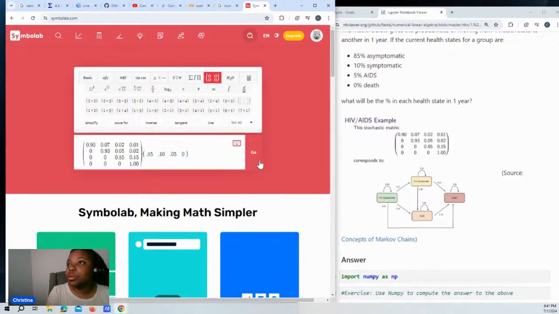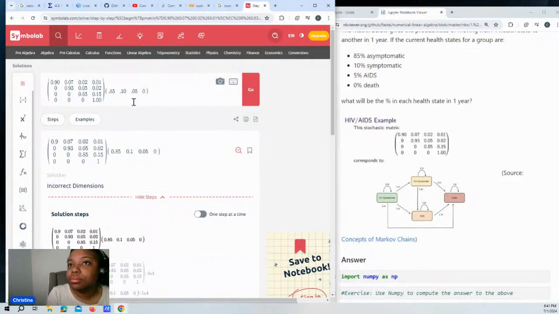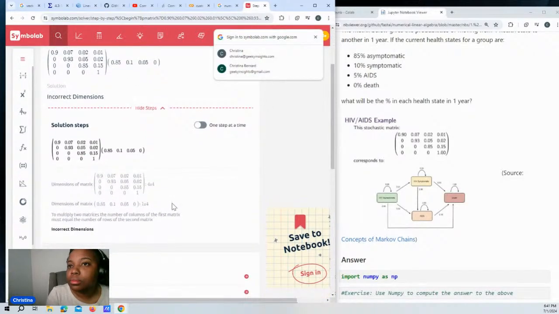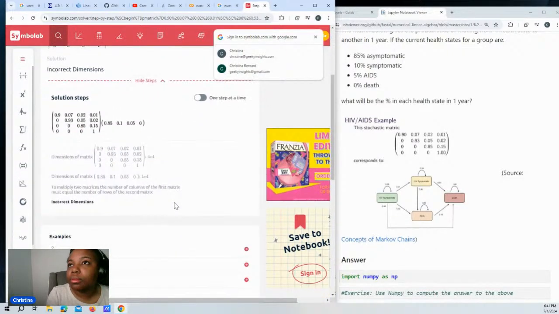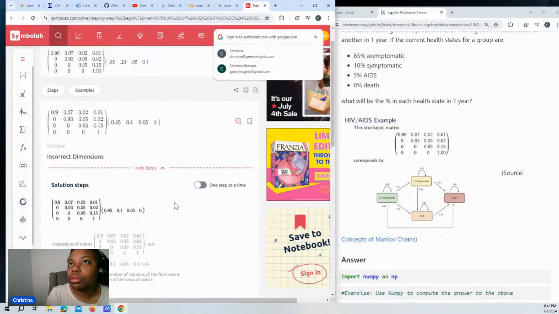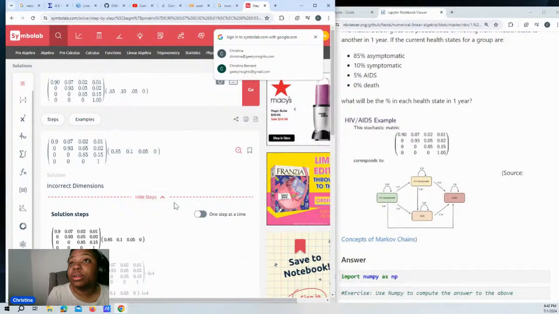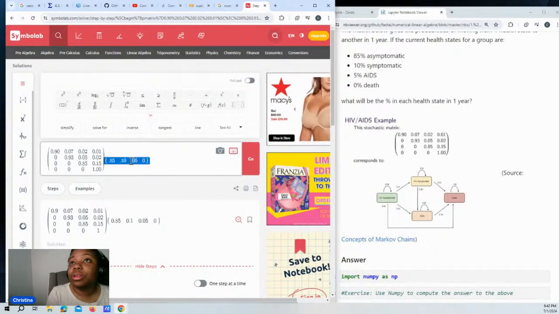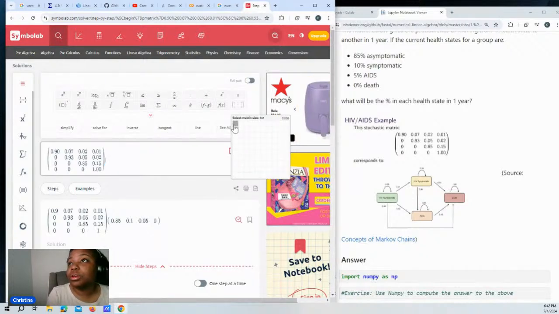Let's see if it can explain. Incorrect dimensions. So this is not correct. It didn't do it like that. Okay, if it didn't do it like that, what did it do it like? Did it do it like this?